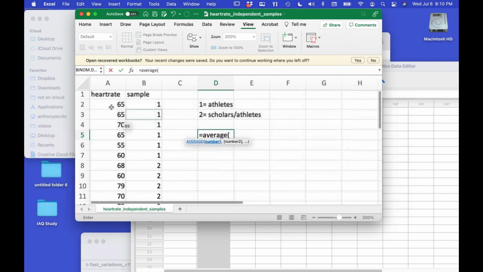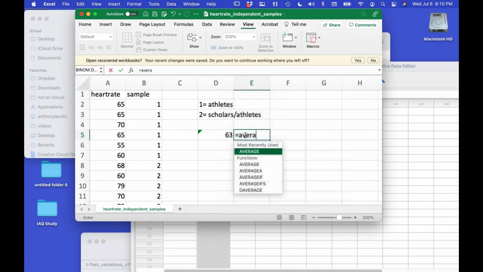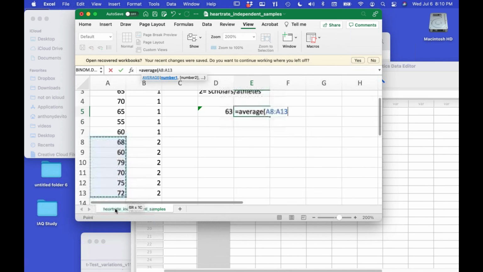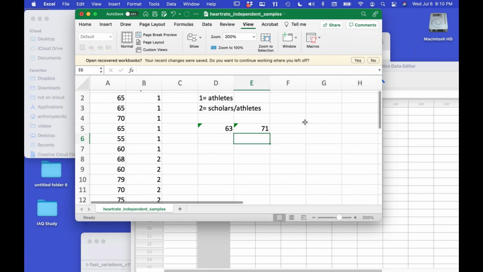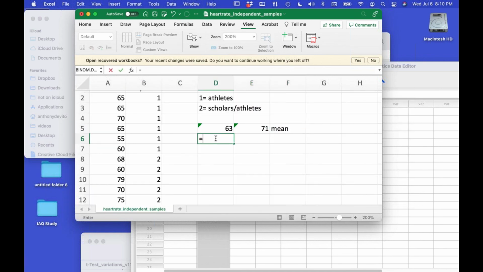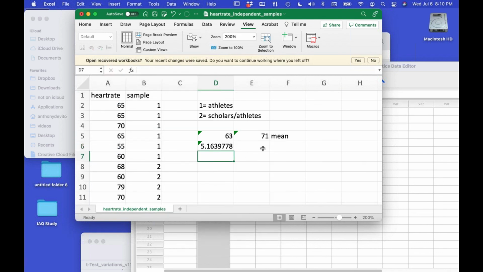Now the standard deviation for this group. Standard deviation for this group. This is athletes. And the standard deviation for this group is this. That's scholars. The sample size for both of them is 6. This is standard deviation. This is the sample size.